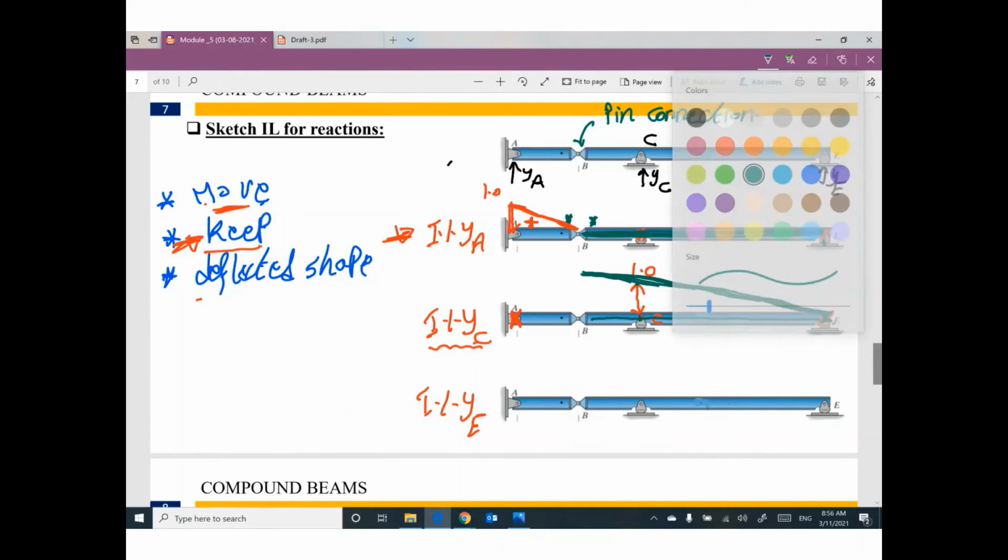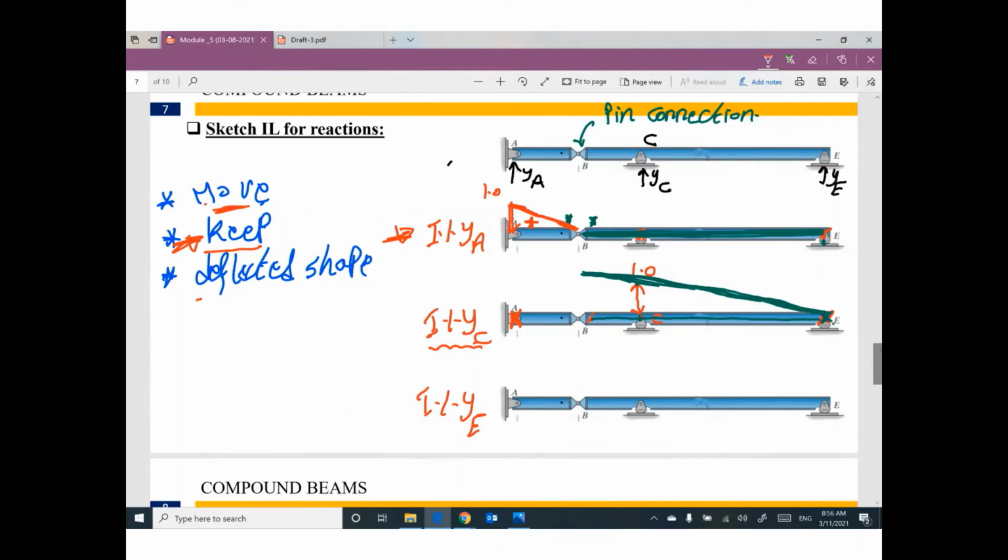So this side of the connection at B moved up. I believe the connected part on the other side must follow, and will move up also. So the new position of this part looks like this. This is called influence line for reaction YC.